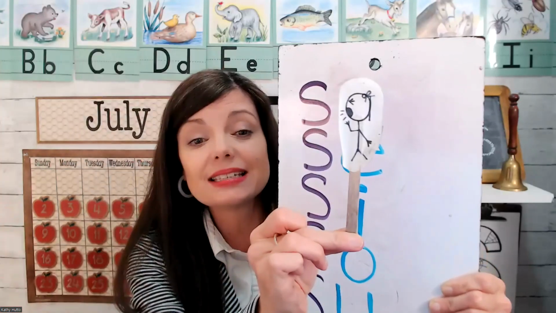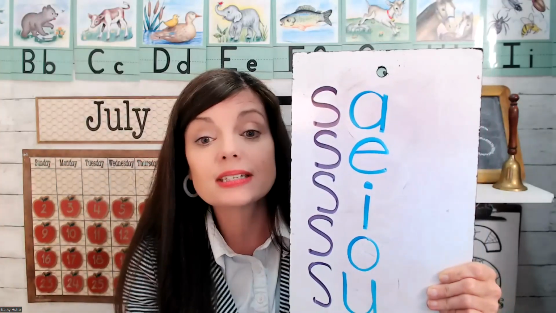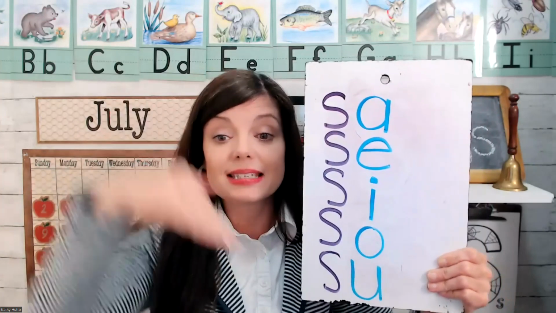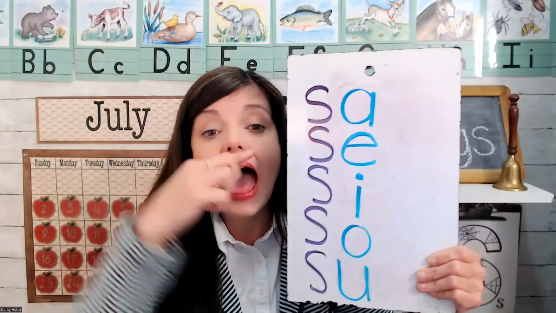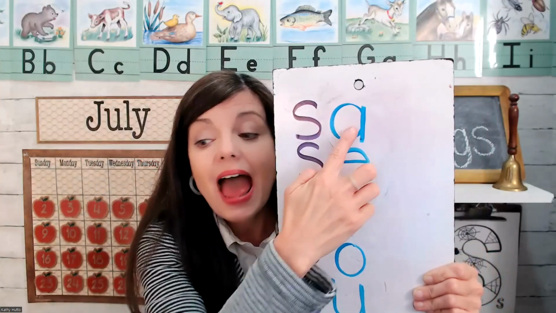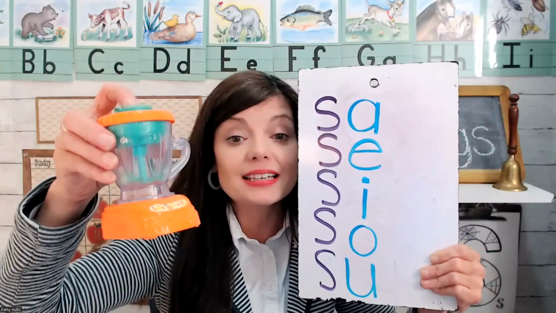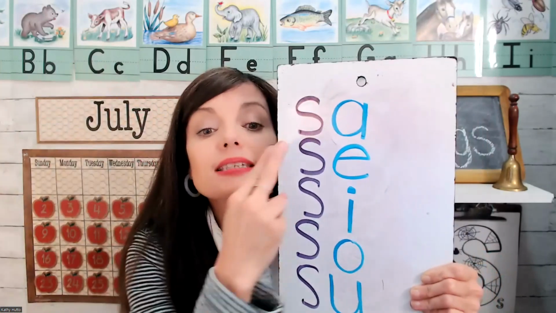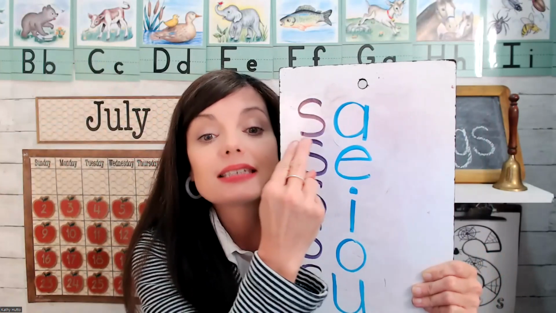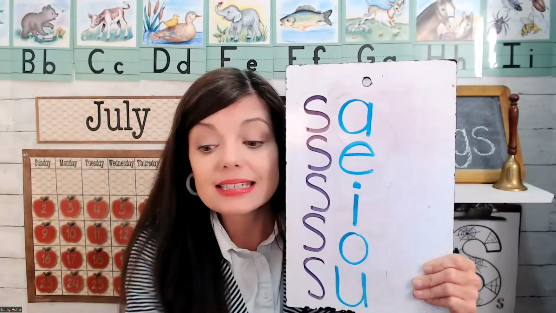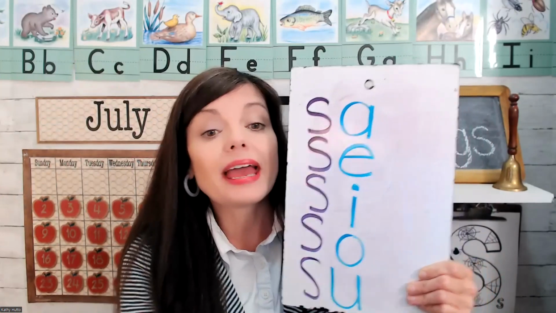She needs to sneeze. So we're going to put those sounds together. Now blend the sounds. Make them go together. Sa, sa, sa.